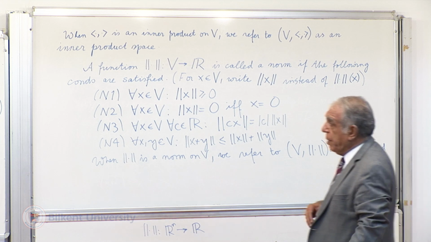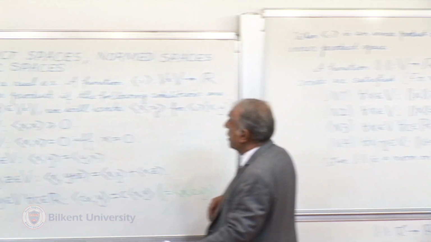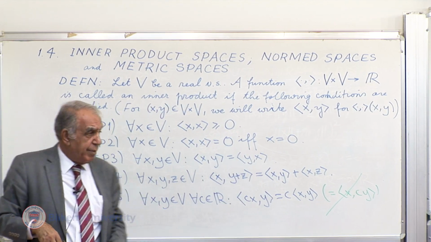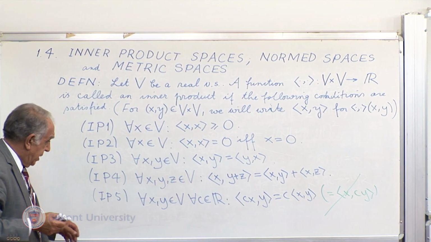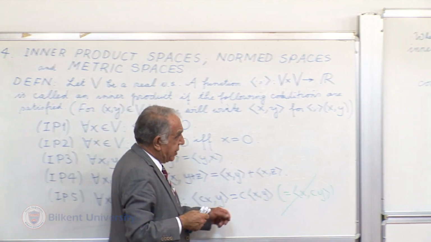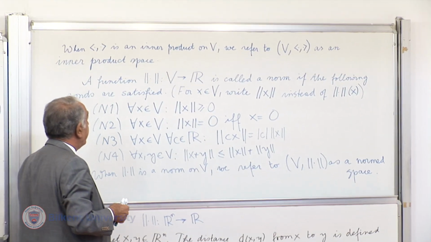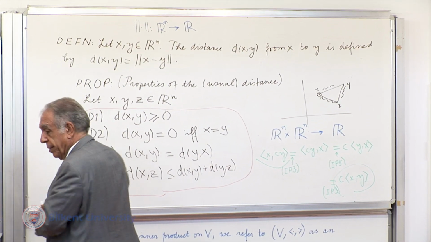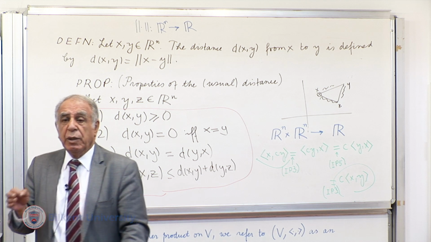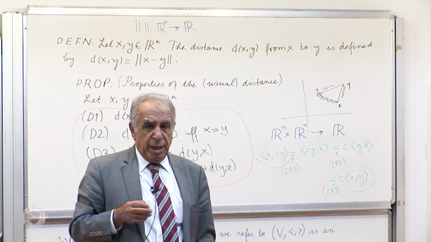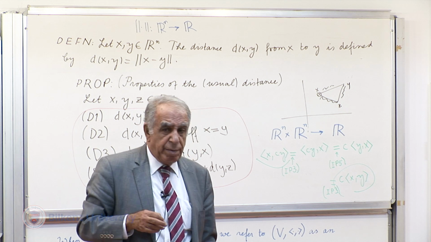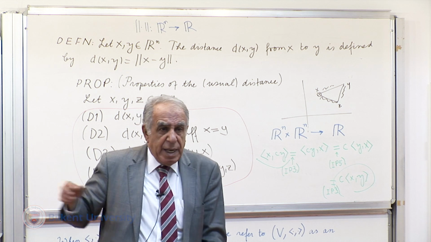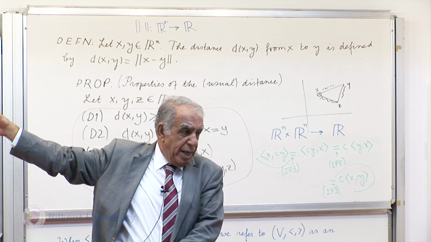Now, before we proceed to the generalization of a distance to the notion of a metric, let's ask the following question. When we had the usual inner product, we defined the usual norm in terms of that usual inner product. Now here we have a generalized inner product.